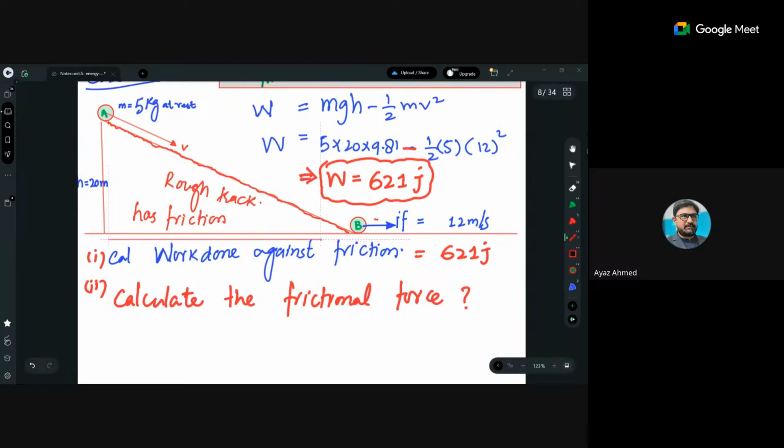Let's make it here, suppose it is 40 meter. This one is 40 meter. So how will you calculate frictional force? You have calculated work done. Work done is equal to F times D. You have to calculate F. F is equal to work done divided by D.